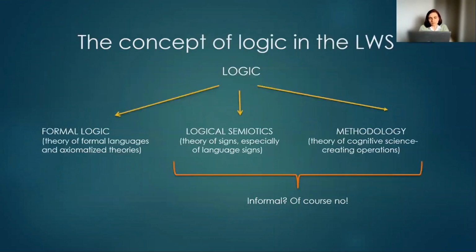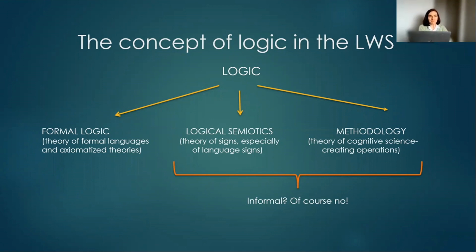So the concept of logic in the school introduced the following division. We've got formal logic, or the theory of formal languages and axiomatized theories, logical semiotics, theory of science, especially of language science, and methodology, namely theory of cognitive science creating operations.